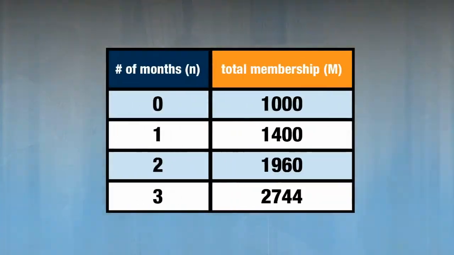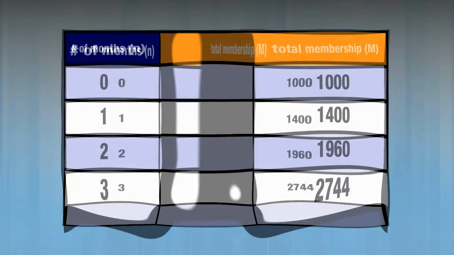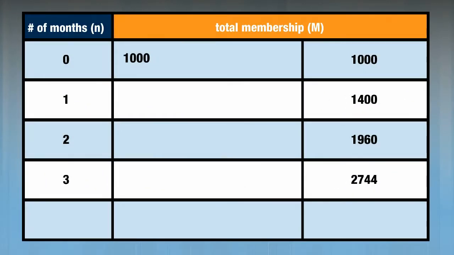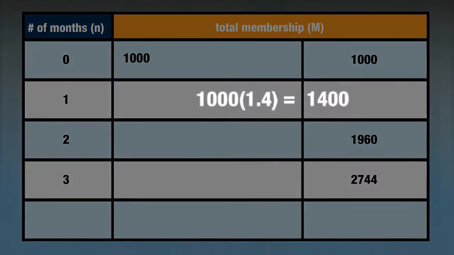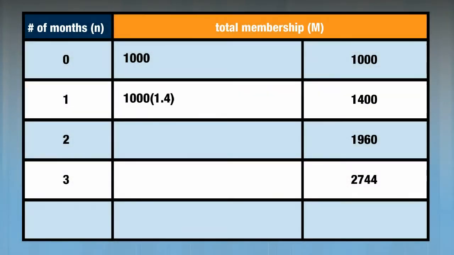The team needs to predict what the membership will be in 1 year. They could continue to multiply by 1 and 4/10 for each of the 12 months, but there is another way. Let's take another look at the table. We started with 1,000 members and multiplied by our growth factor of 1 and 4/10. Then, to find the membership at the end of the second month, we multiplied our first month's membership by 1 and 4/10.